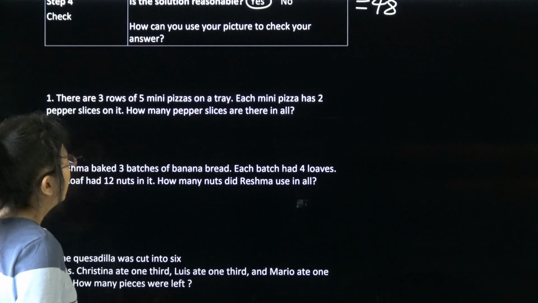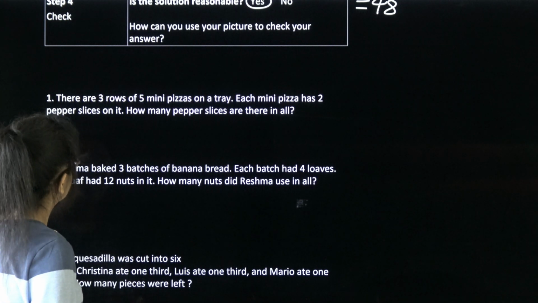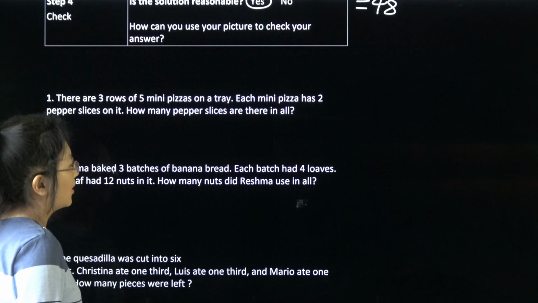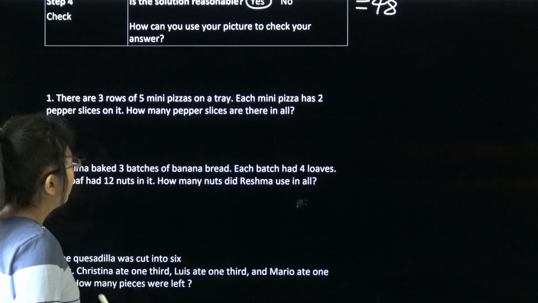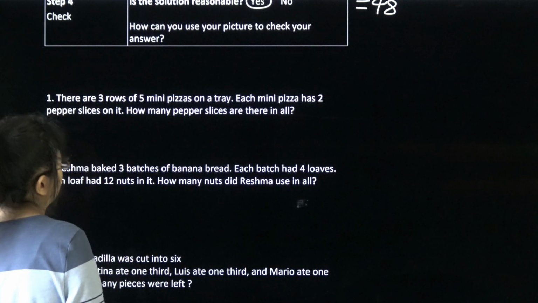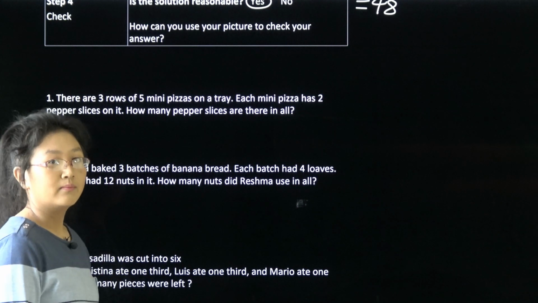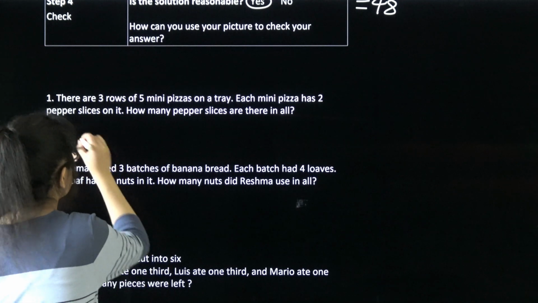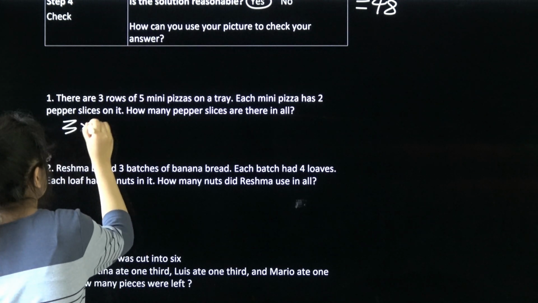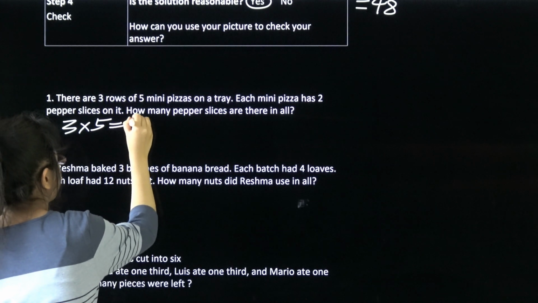There are 3 rows of 5 mini pizzas on the tray, and each mini pizza has 2 pepper slices on it. How many pepper slices are there in all? So we must ask ourselves, how many mini pizzas are there? So there's 3 rows of 5. What does this remind you of? Multiplication. 3 times 5 equals 15.